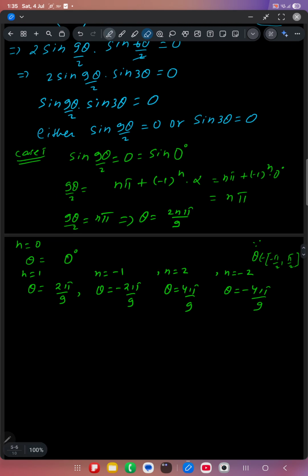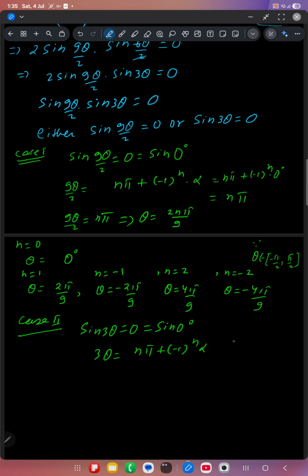Now consider case 2. Case 2 is sin 3 theta equal to 0. That means sin 0 degree, and this will give you the general solution as n pi plus minus 1 power n alpha, where our alpha in this case is 0 degree. So this is also n pi, but this is the value of 3 theta, so theta is n pi by 3.